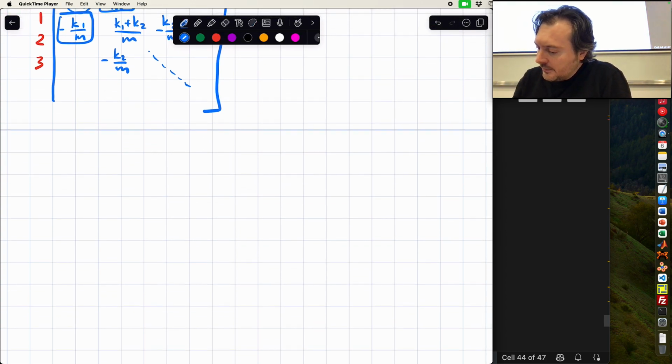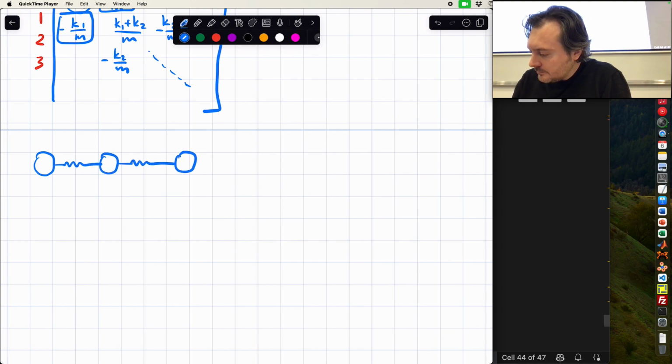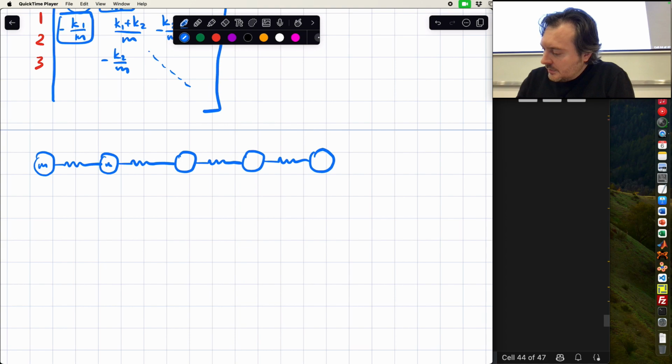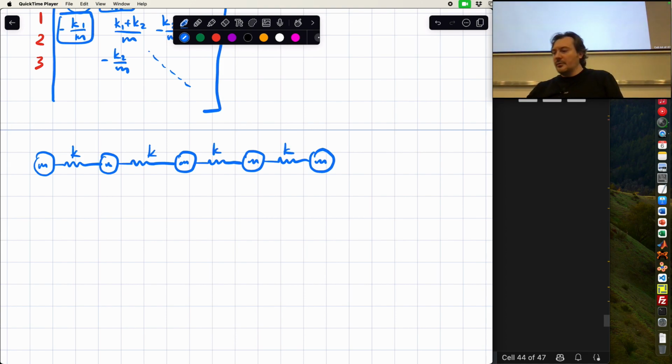So let's actually derive what's going on with this 200-atom chain. A good way of deriving this stuff is to assume that it goes on forever. There's M, M, M, M, M, K, okay. And it goes on forever. So what can we do about it? Assume it's a continuum.